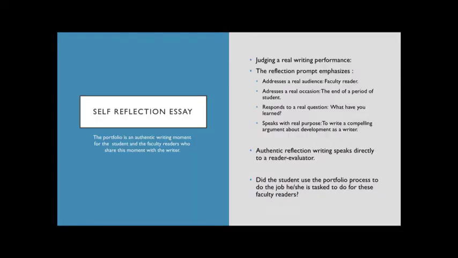You are addressing a real audience that is a faculty reader. One faculty reader knows you really well, knows all your work, and the other faculty reader is going to have to get to know you, right? They all share the same CLOs, they all share the same GELOs, which define the values for our community, right? And you'll need to address those. They address a real occasion. This is the end of a period of instruction, right? At this moment in time, how can you help these two faculty readers try to assess your work?